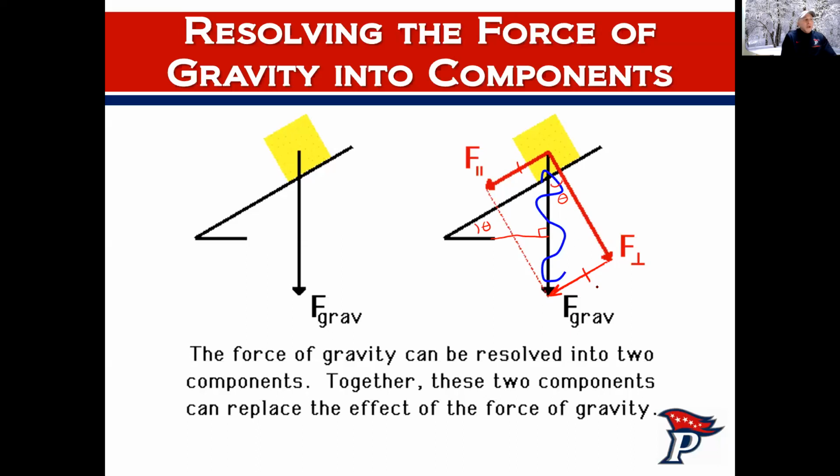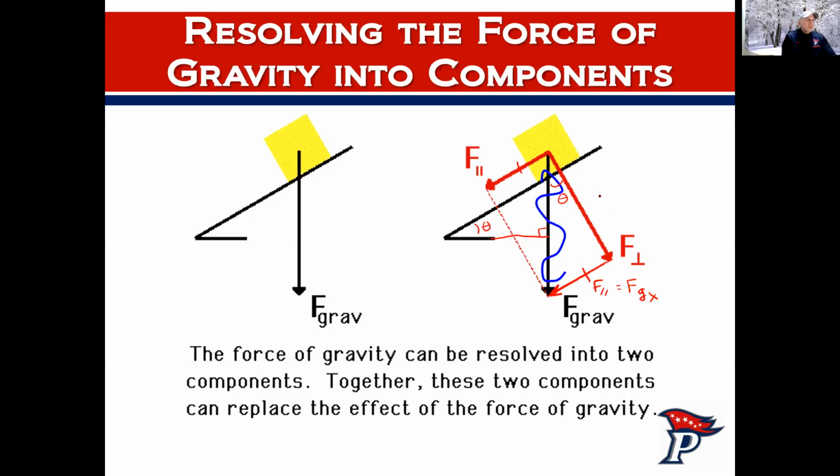But if this is the force of gravity down and this is the parallel component, or FGX, it's opposite the angle. Opposite is sine, right? And we're used to the x component always being cosine. This is the exception to the rule based on this geometry.